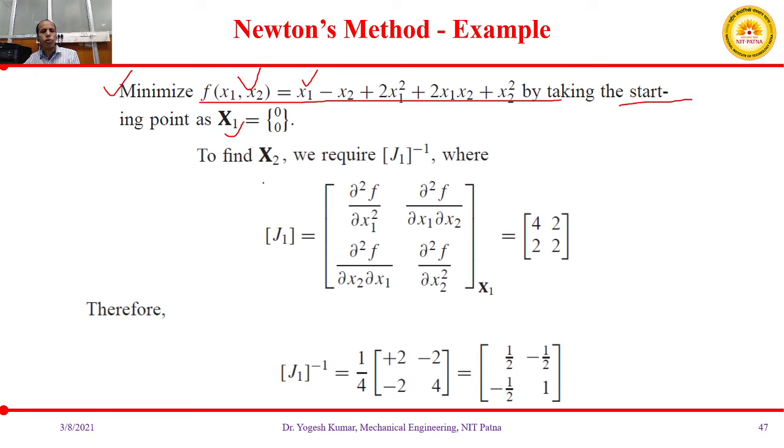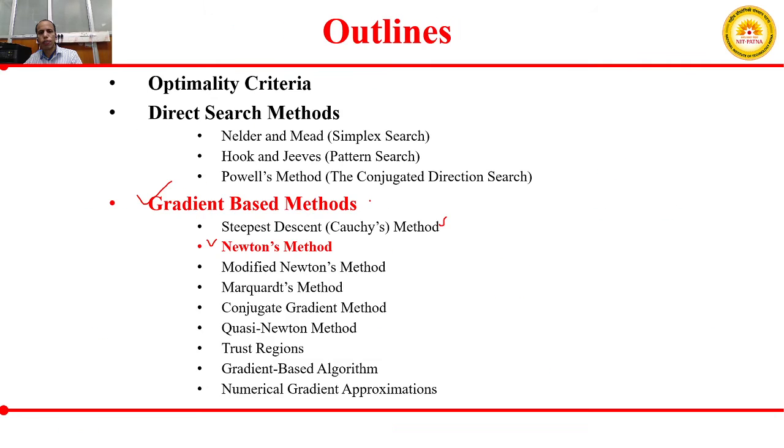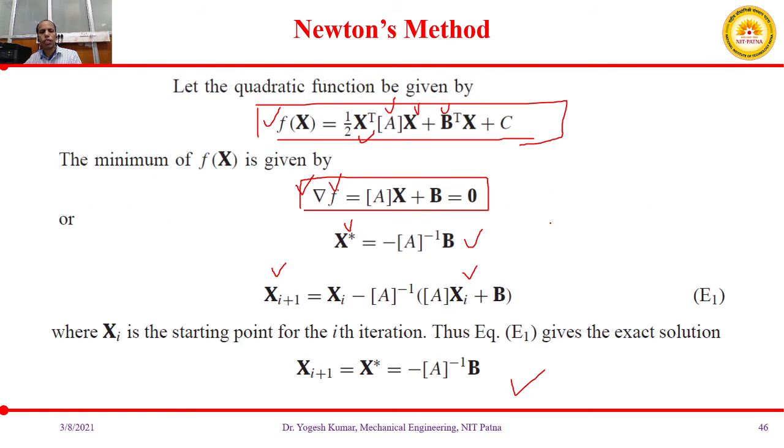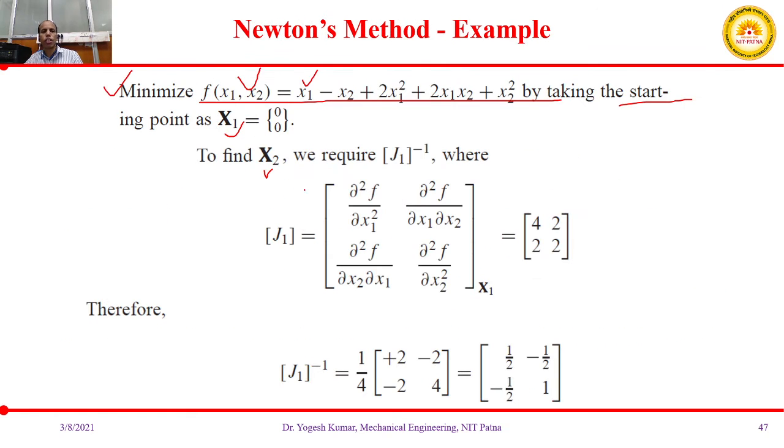In order to find out x2, you need to calculate the second derivatives, which is given here. This is your Hessian matrix. So first you need to calculate the second partial derivative of your given function at your starting point.